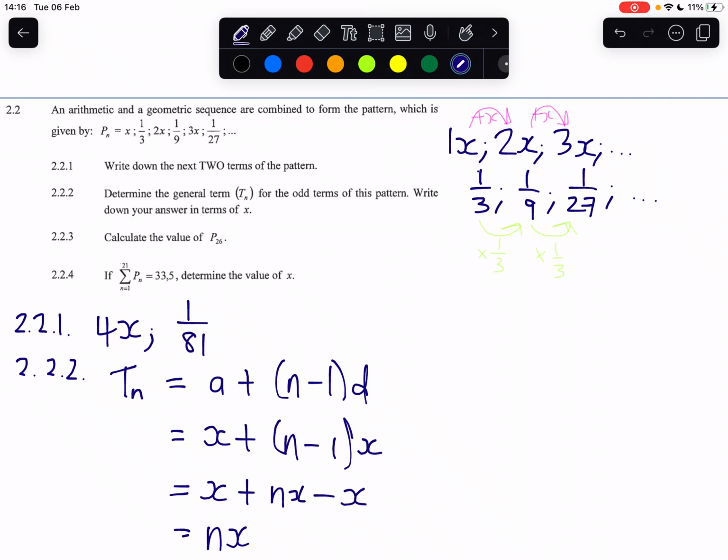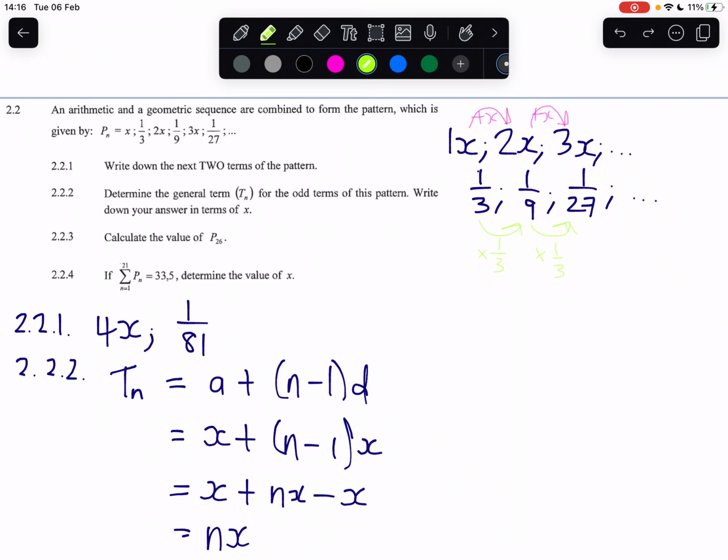This is an interesting question, because I had a confusion. I thought this is T1 and this is T3 and this is T5, but that is false. This is P1 and this is P3 and this is P5. This question is not asking for a general formula for P, and in fact the general formula for P would be a piecewise function, because the odd terms follow an arithmetic sequence and the even terms follow a geometric series.